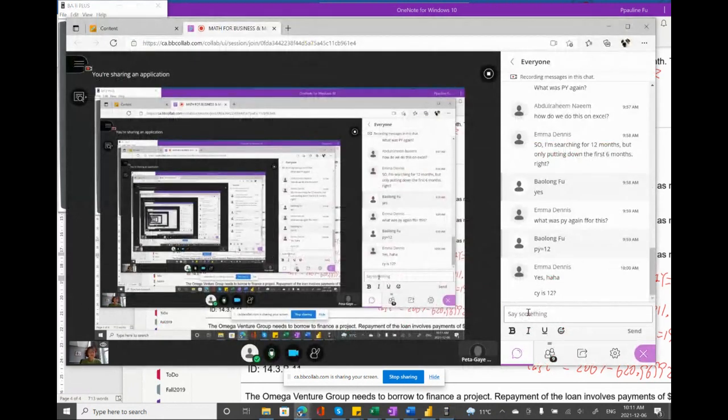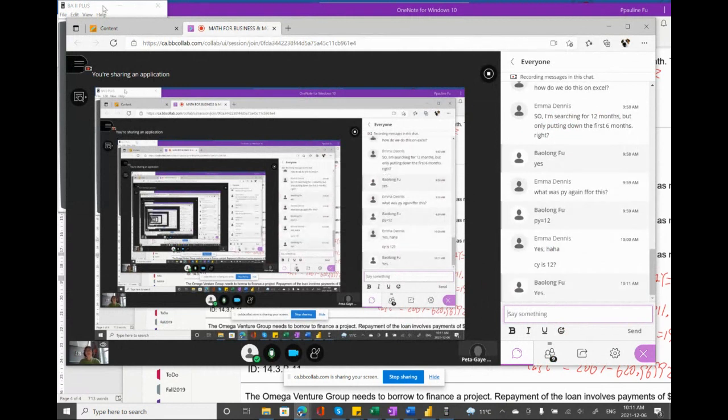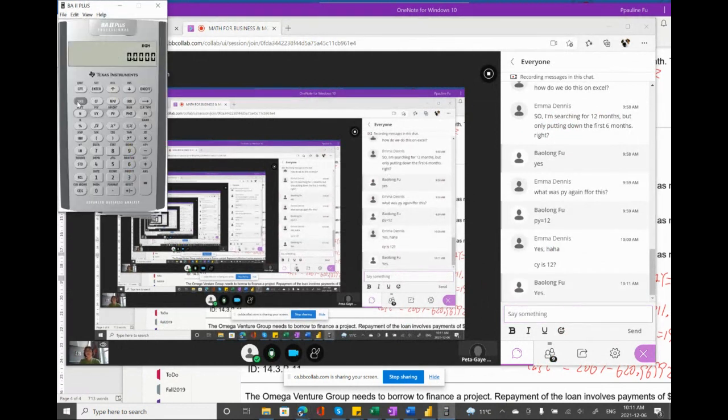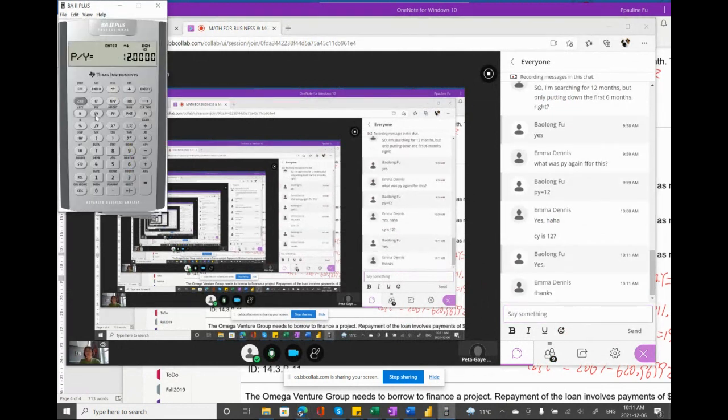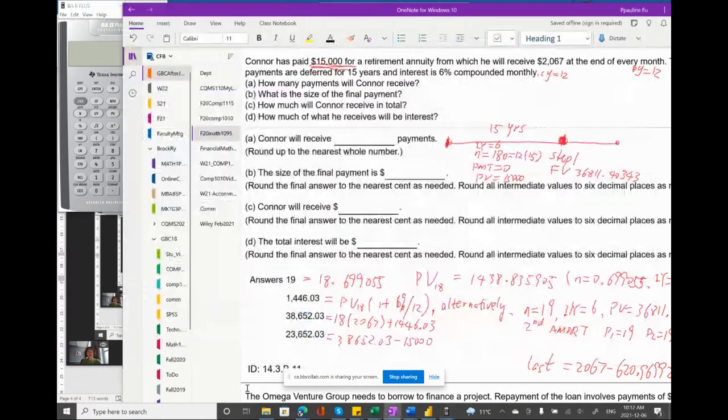Let me check. C/Y is 12. P/Y is 12. Yes, Emma, great observation. So C/Y is 12, down arrow key. See, I write down here: P/Y is 12, C/Y is 12.